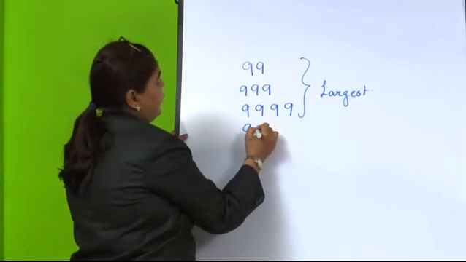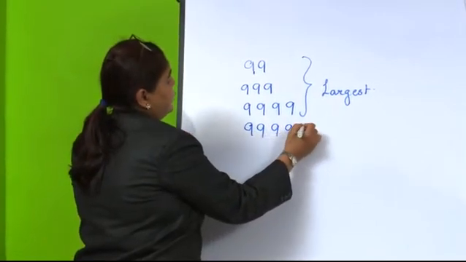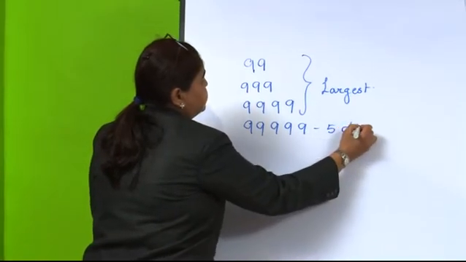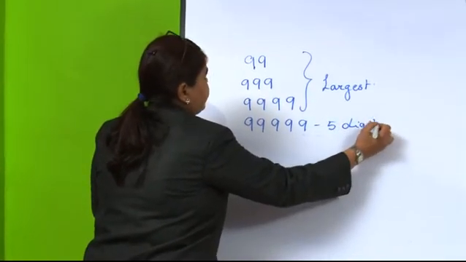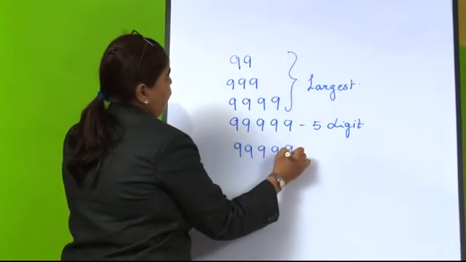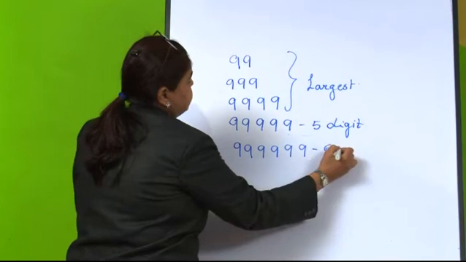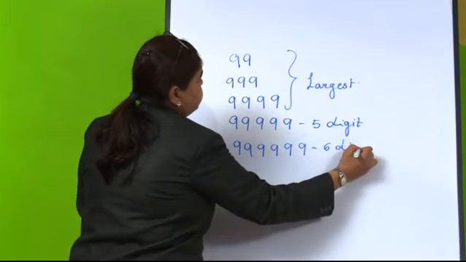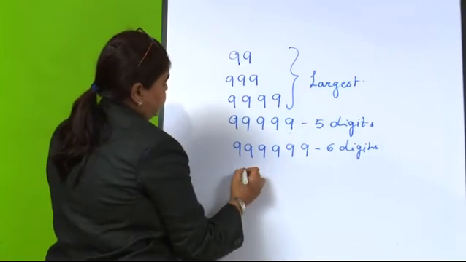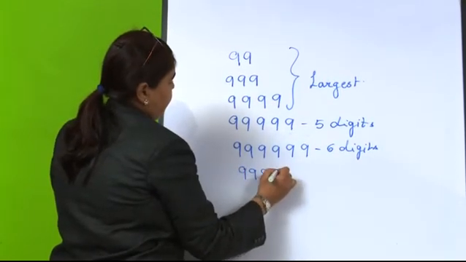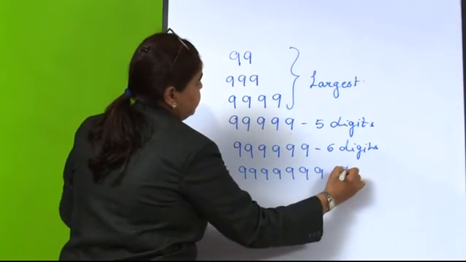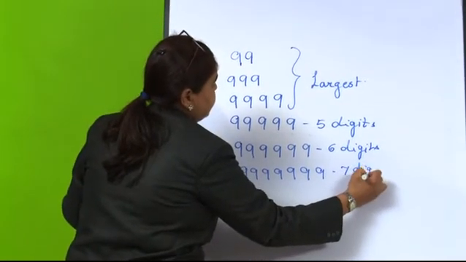Now if you add one more nine here, it is a 5 digit number. Then 1, 2, 3, 4, 5, 6: this is the 6 digit largest number. Then 1, 2, 3, 4, 5, 6 and 7: this is the 7 digit largest number.